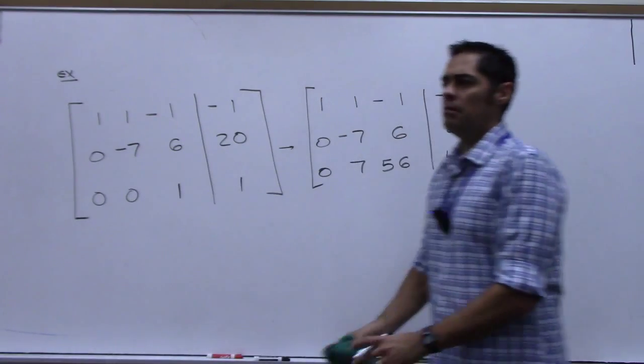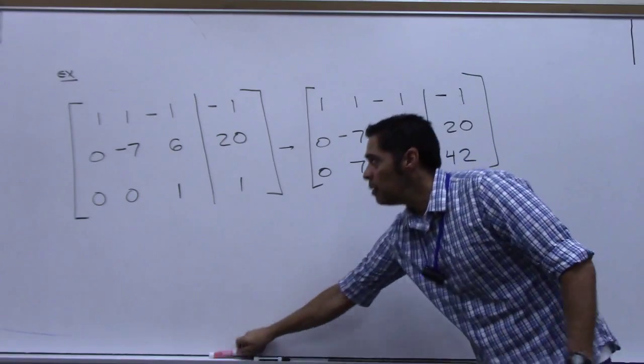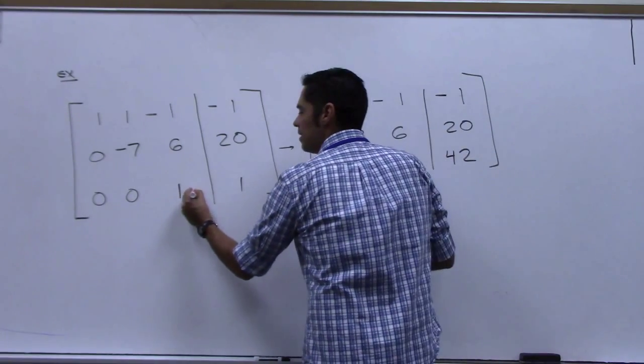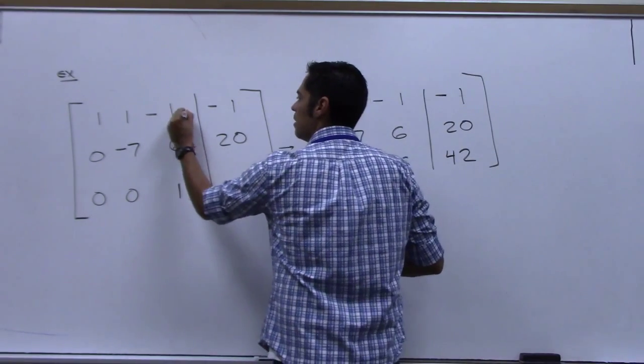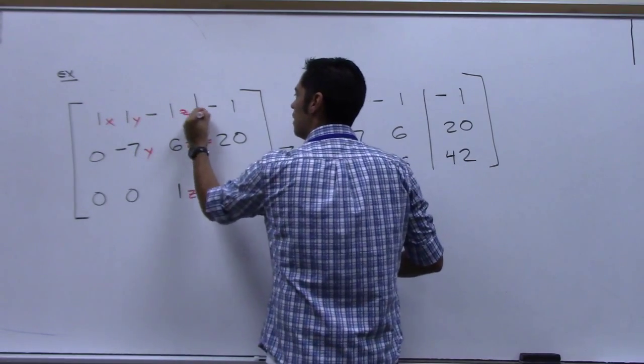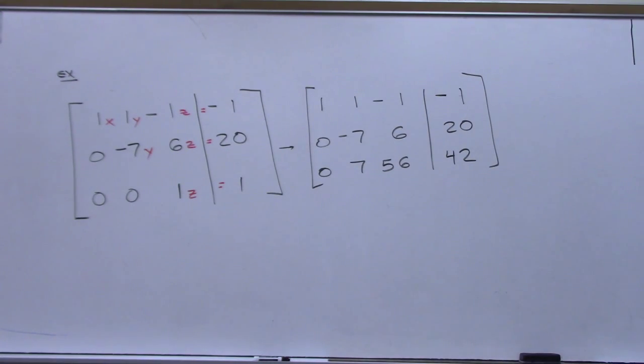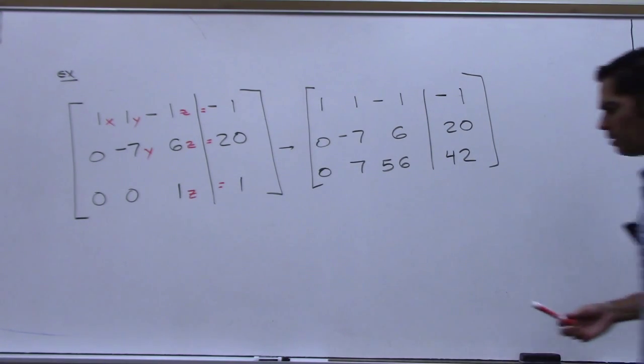And at that point, you're saying z is 1. So if we were to fill everything back in, this is z, this is y, this is x, and these are equals. Do you see it's all the same, just different notation? Do y'all see that? Okay.